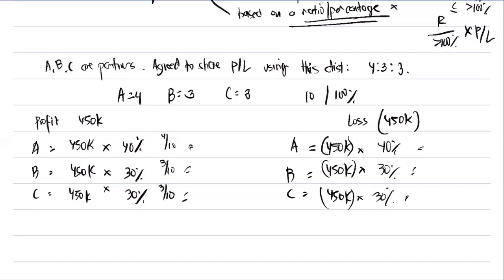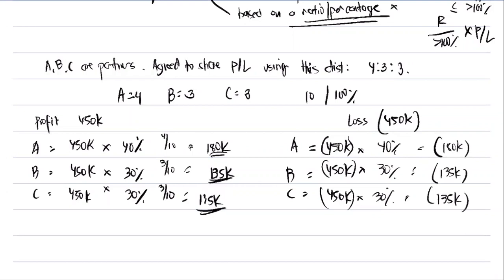You multiply it to 40%, 180,000. This is 450,000. You multiply it to 30%, 135,000. 450,000, you multiply it to 30%, still 135,000. Dito naman, since loss siya, ang gagawin mo, i-share mo siyang 180, 135, and 135,000.